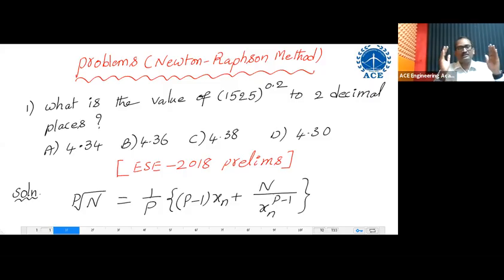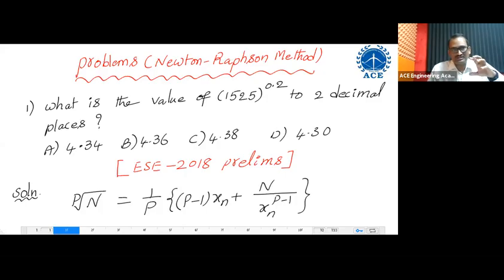Moreover, regarding Newton-Raphson method, the initial approximation value x0 must be given in the statement of the problem. But in this problem, the initial approximation x0 value is not given.